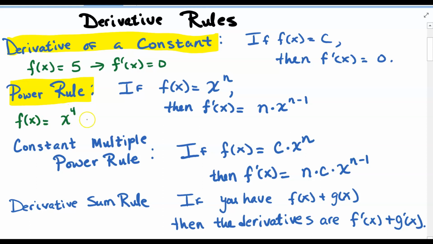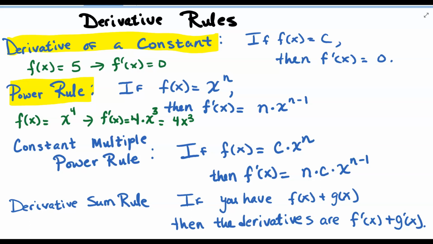Then f prime of x is going to be 4 times x, and we subtract 1 from 4, so to the 3rd power, so 4x cubed, just like that. So the power rule is definitely one of the easier rules here, just like the derivative of the constant.